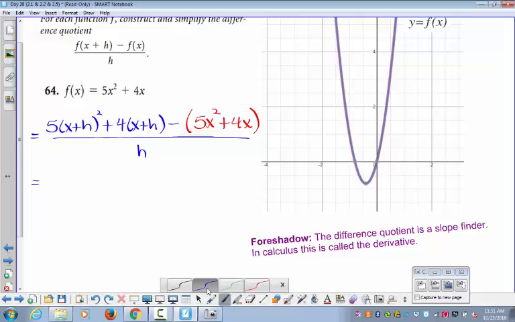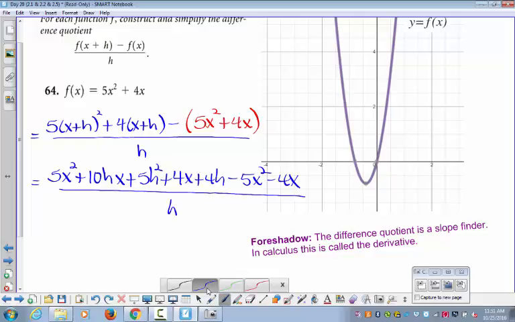So now we got to FOIL this all out. We get 5x squared plus 10hx plus 5h squared plus 4x plus 4h minus 5x squared minus 4x over h. What you are going to notice every single time, you better get cancellation with each piece of f of x.